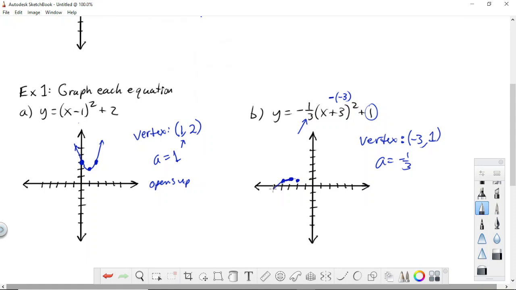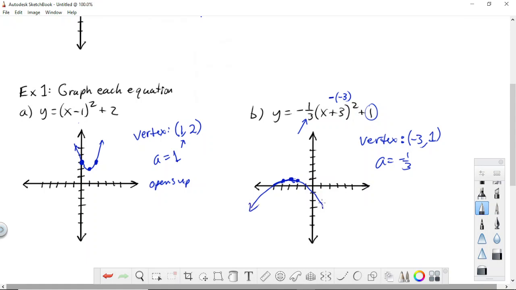It's shallow. It does eventually get steeper and steeper. Okay. So that's our two examples.